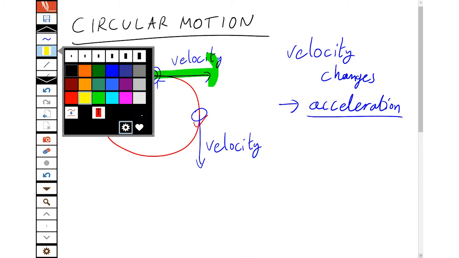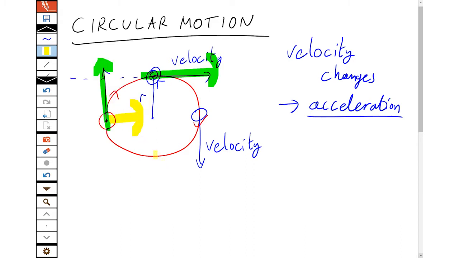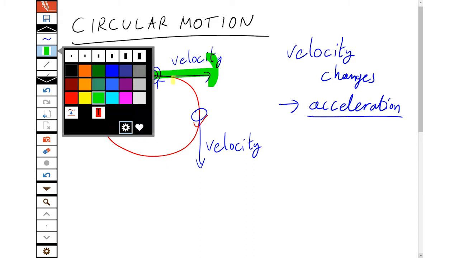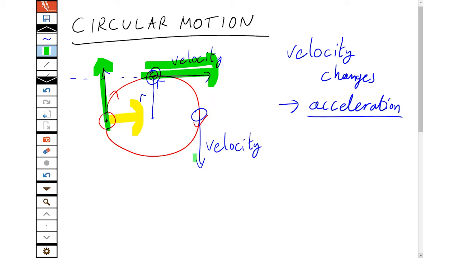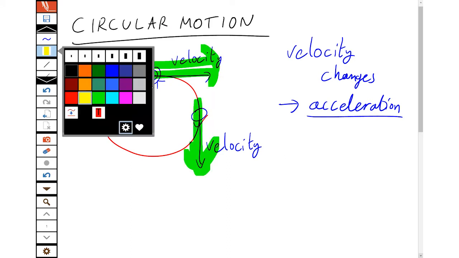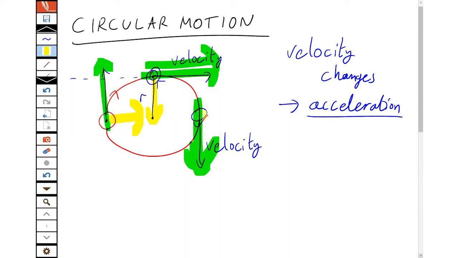So the change in direction is to the right. Then it was going to the right, now it's going down. So the change in direction is down, and so on around the circle. We see this acceleration is always towards the center of the circle.